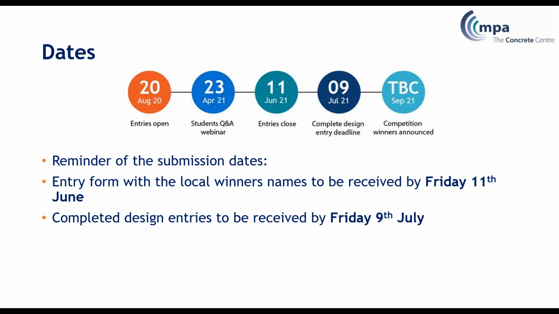You need to have completed the design entry. If you win your local competition, you need to have completed the design and got it to us by the 9th of July, and then we announce the competition winners. It says TBC September.